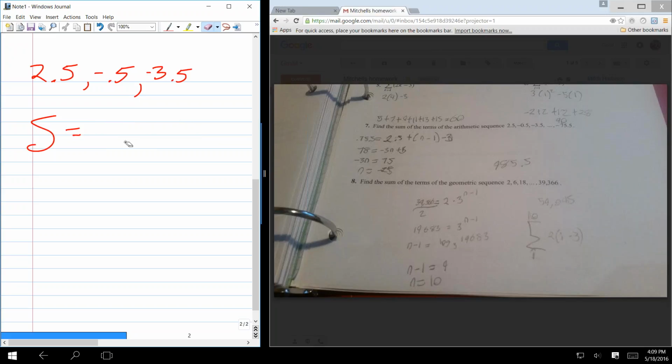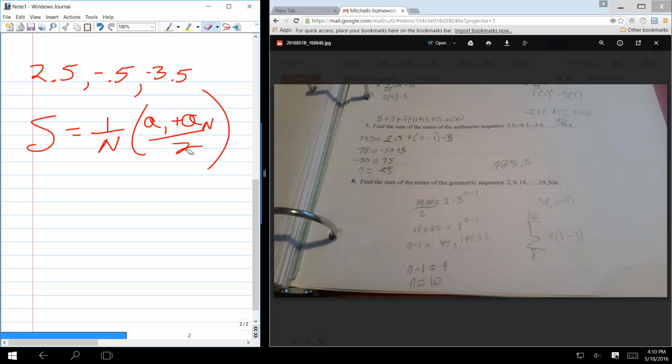That's for a geometric series. Oh. For an arithmetic series, I'm pretty sure it's this: a sub 1 plus a sub n over 2. I think it's that. Oh, it's not divided by 1, it's just n. That's what I've got there. Yeah, it's n. It's not 1 divided by n. It's a sub 1 plus a sub n divided by 2, times n. Oh, it's just n.